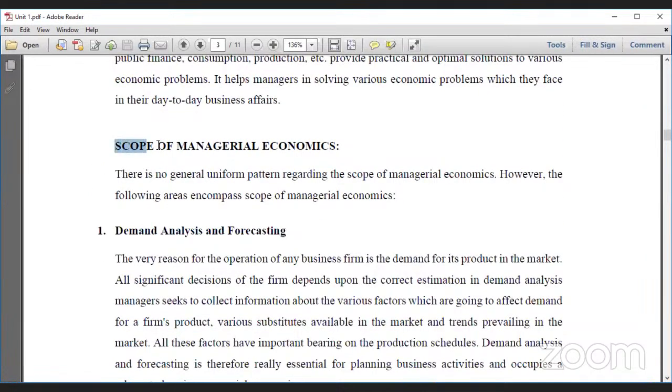Then come to the scope of managerial economics. This is very easy to understand, because if I discussed these things in the first class, it might be difficult.